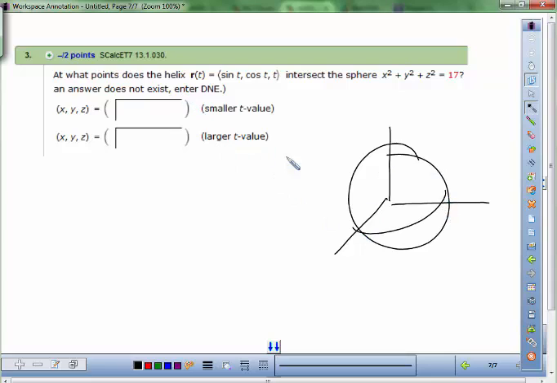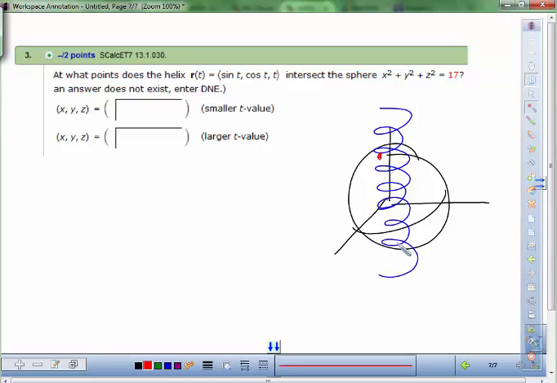And then a helix that goes like a spring up and down. At some point, probably up here and somewhere down here, we're going to find some sort of intersection of those things.